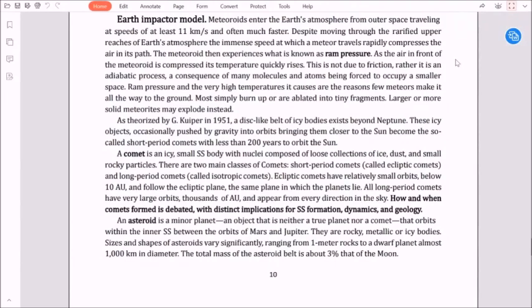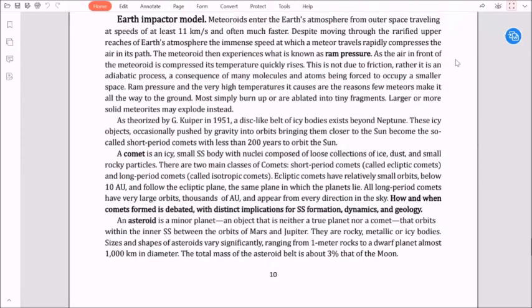Ecliptic comets have relatively small orbits below 10 astronomical units and follow the ecliptic plane, the same plane in which the planets lie. All long period comets have very large orbits, thousands of astronomical units, and appear from every direction in the sky. How and when comets formed is debated, with distinct implications for solar system formation, dynamics, and geology.